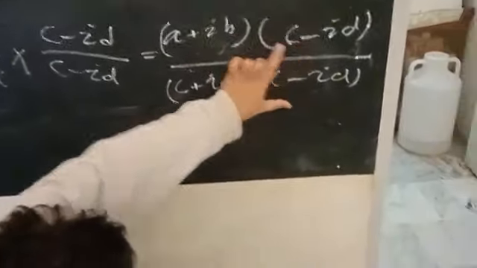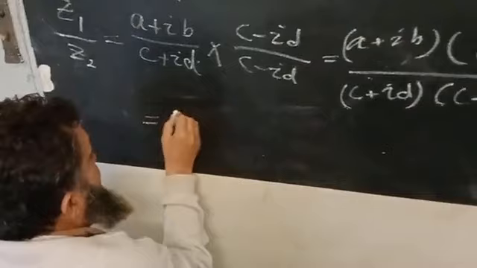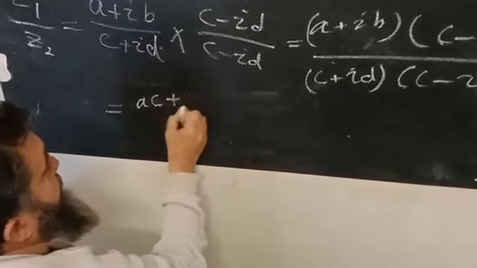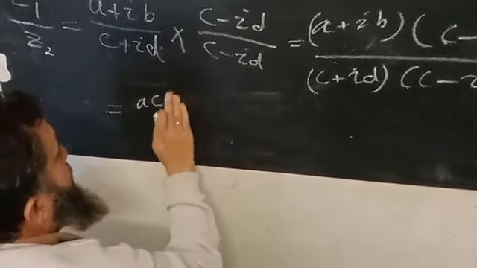So this will be AC plus, actually it will be minus BD, but because D has a minus, the minus becomes plus, so we will get AC plus BD.